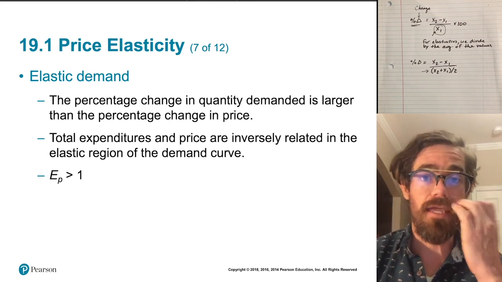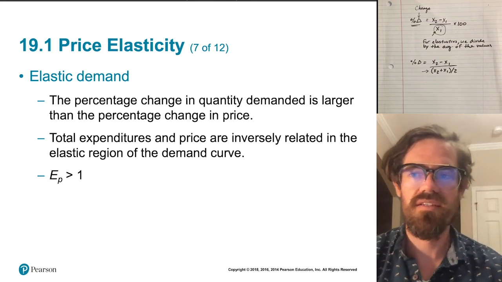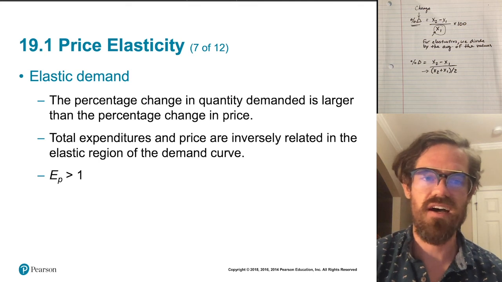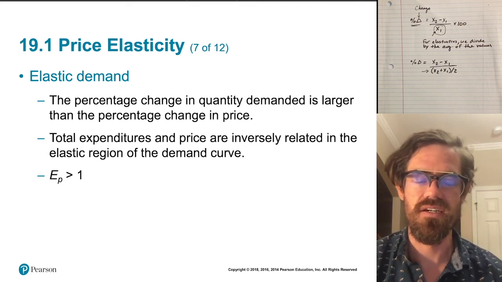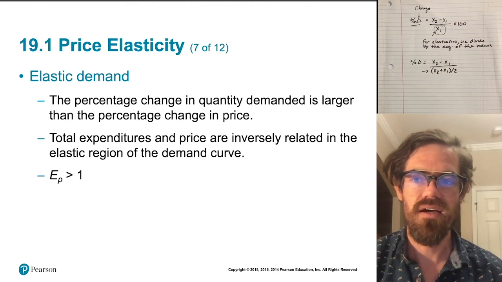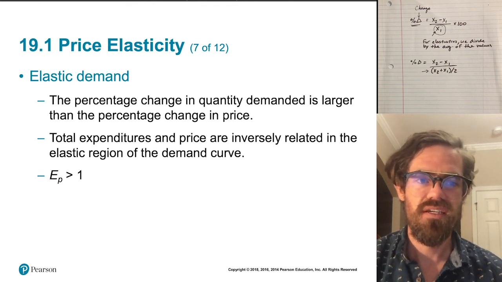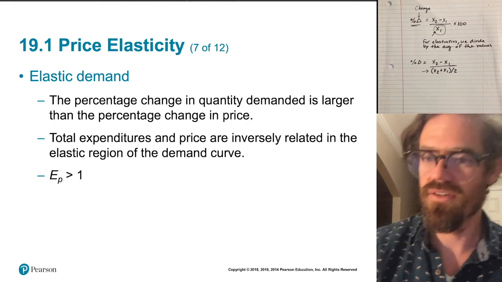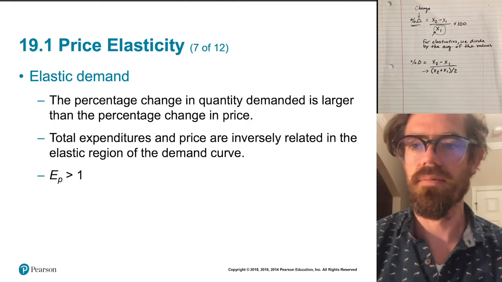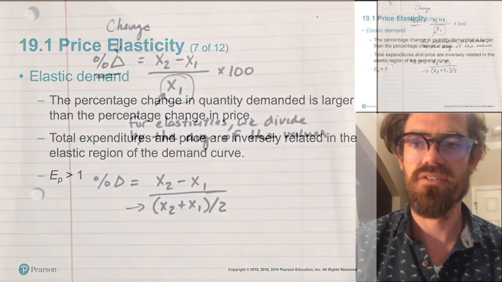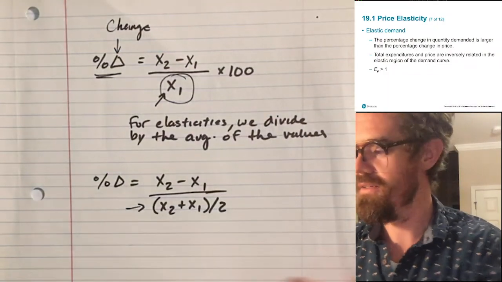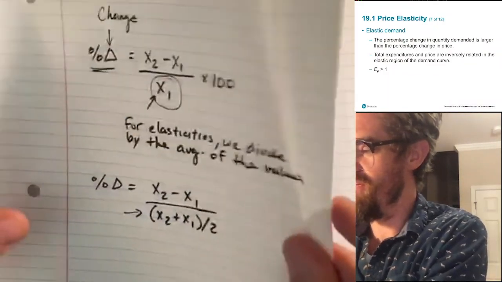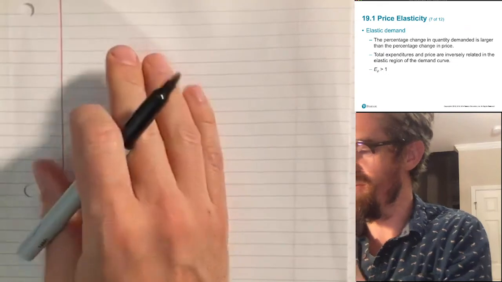All right, so now that we've learned how to calculate price elasticity of demand, we can classify different values of the elasticity of demand. So the first classification is elastic demand. So I'm actually going to draw out a little number line here. So basically, we know that it can only be negative, right?